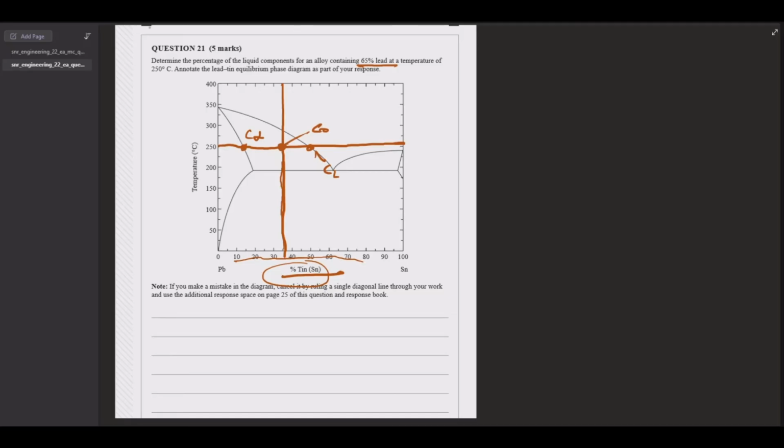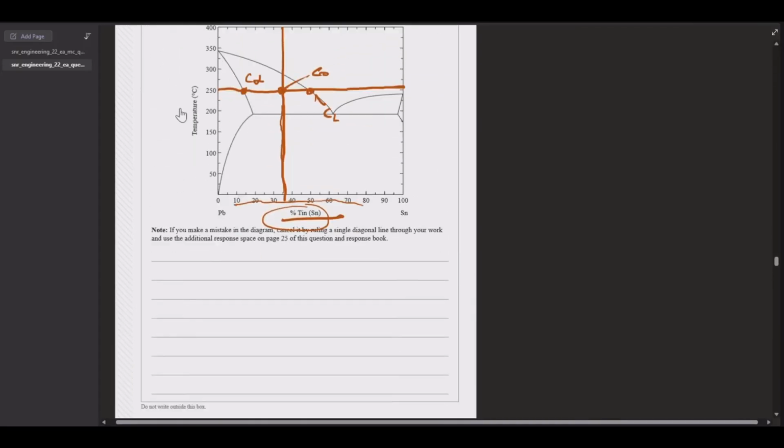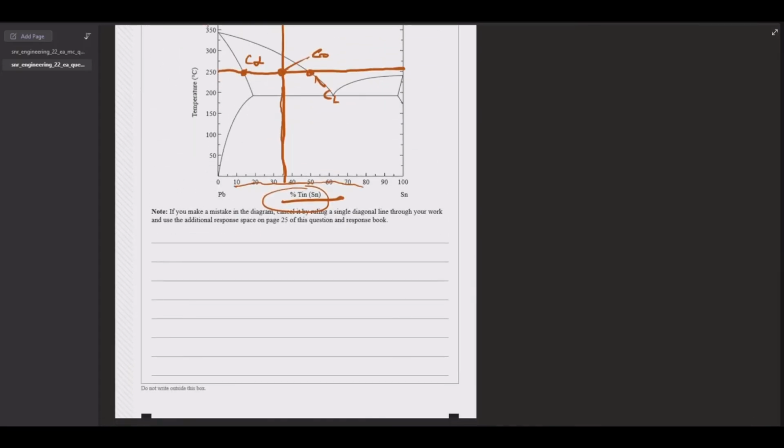So, percentage of the liquid components for an alloy. So it's not asking for composition, but we're going to do that anyway because it's very, very easy. It is just stating the points here. The composition of alpha, it's just C alpha, and that's the point there, which we're going to estimate at 15% tin. So let's say C alpha is 15% Sn. And CL is going to be 50% tin.